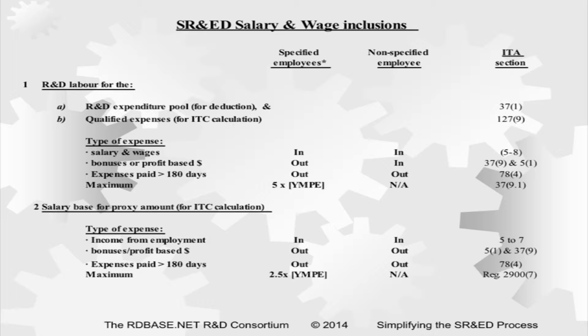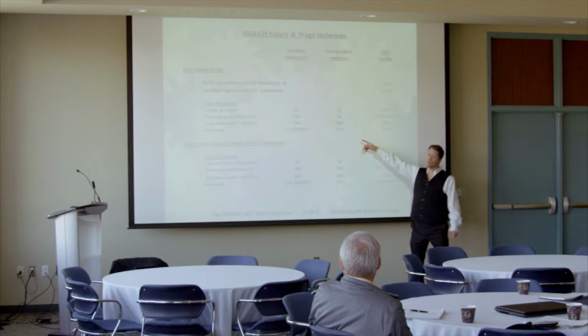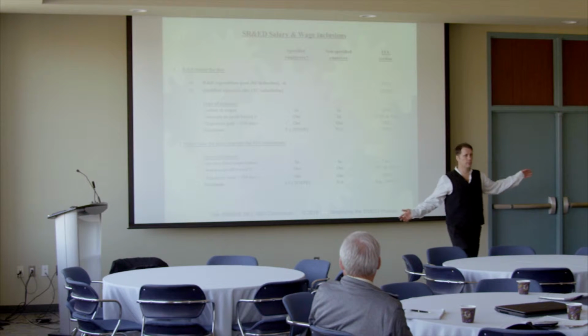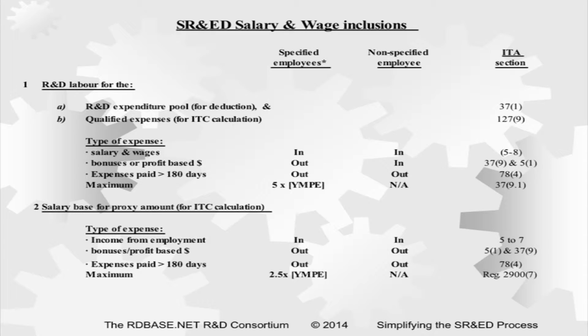If I pay a non-specified employee, some software wizard who doesn't own any shares, $3 million, and they're doing R&D, I claim the whole $3 million. Okay? So again, this is how the government limited that. They know the owners are going to bonus stuff out or pay it out, and they may be smart, like we say, and pay a salary instead of a bonus, but they're still going to cap you anyway.